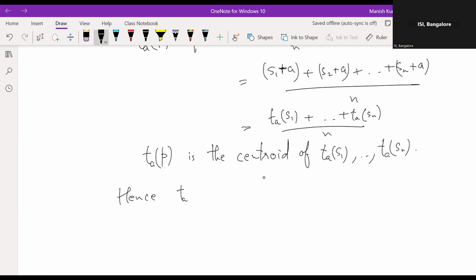Hence it works with composition as well. TA composed with phi of P is the centroid of these things.